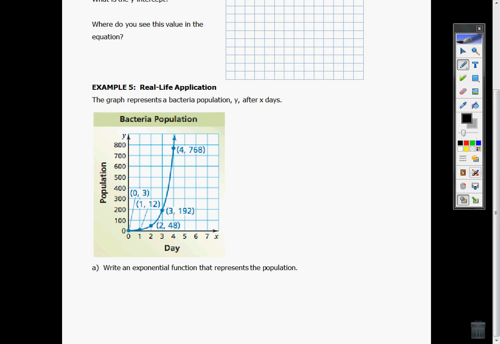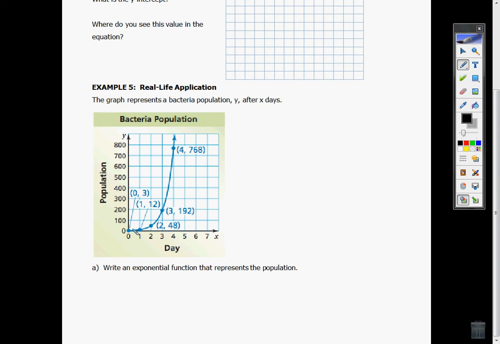Okay? Now, what we have going on here is a representation of bacteria population after so much time has passed. In the graph, we have time passing on the x-axis, and we have population of bacteria on the y.